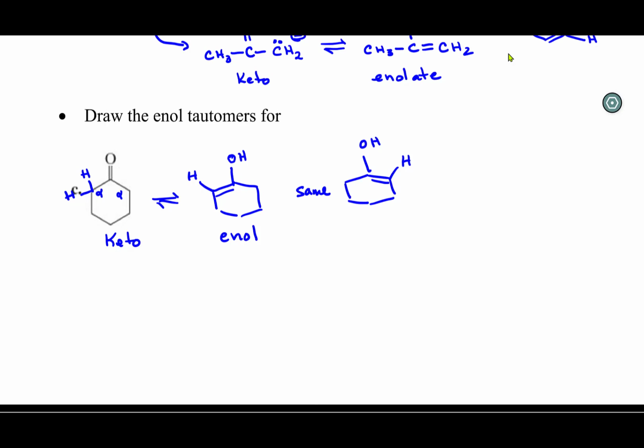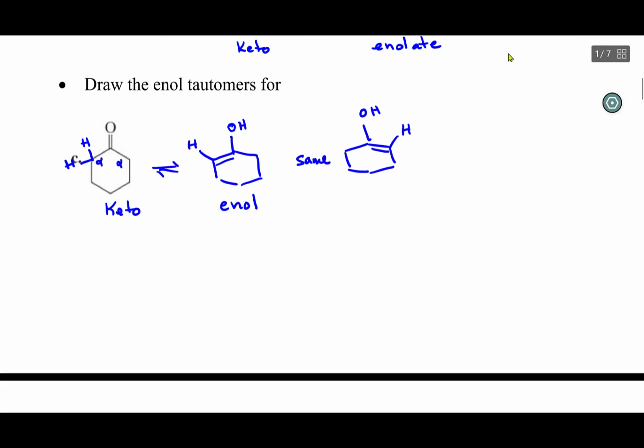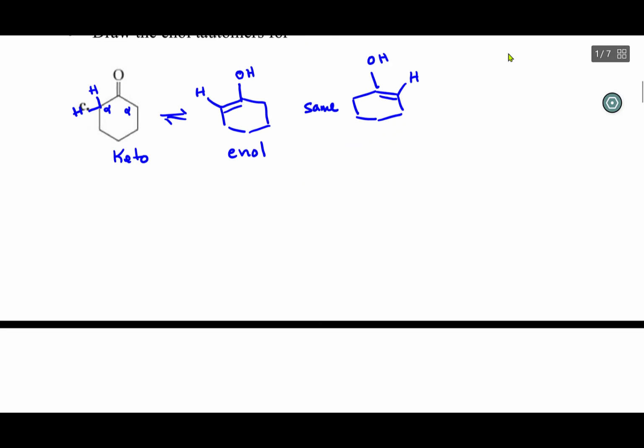But if it's asymmetric, so let me give you an example of an asymmetric ketone. Like this, right? Then you could have two different enols. One would be this, with the hydrogen on the oxygen.